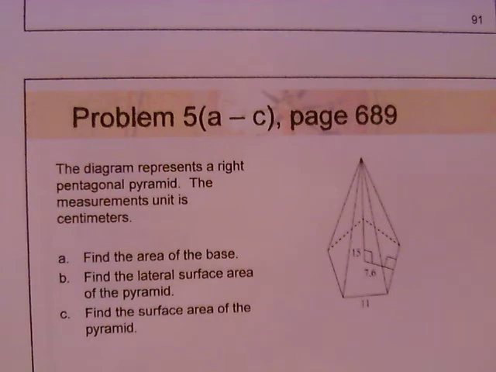The measurement units is in centimeters. So here we're going to find the area of the base, and then find the lateral surface area of the pyramid, and then find the surface area of the pyramid. So let's start with part A, finding the area of the base.